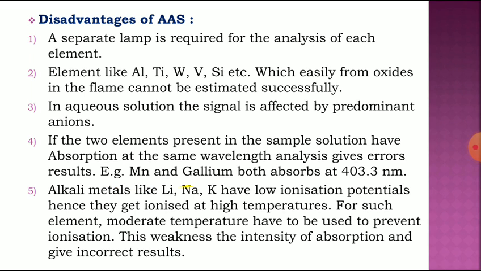Example, manganese and gallium both absorb at 403.3 nanometers. Alkali metals like lithium, sodium, potassium have low ionization potentials, hence they get ionized at high temperature. For such elements, moderate temperature has to be used to prevent ionization. This weakens the intensity of absorption and gives incorrect results.